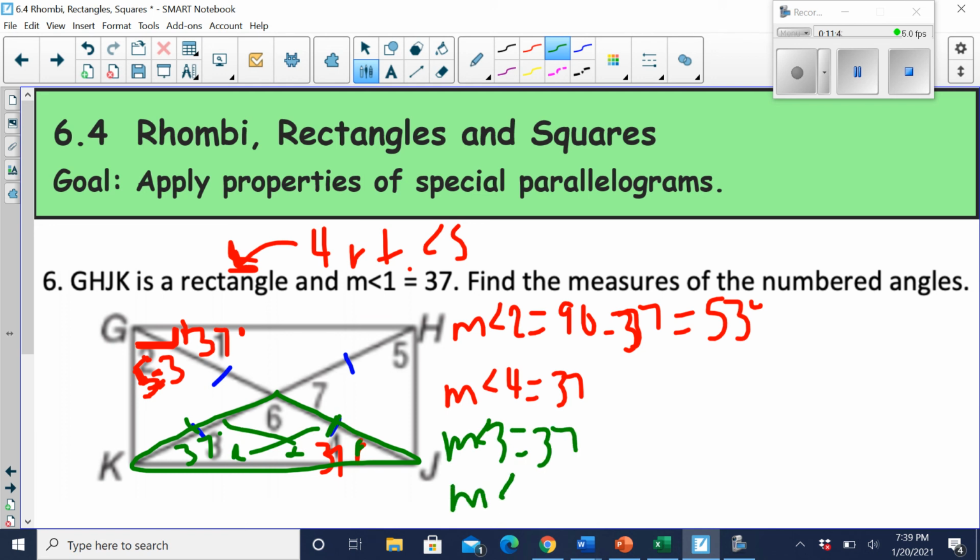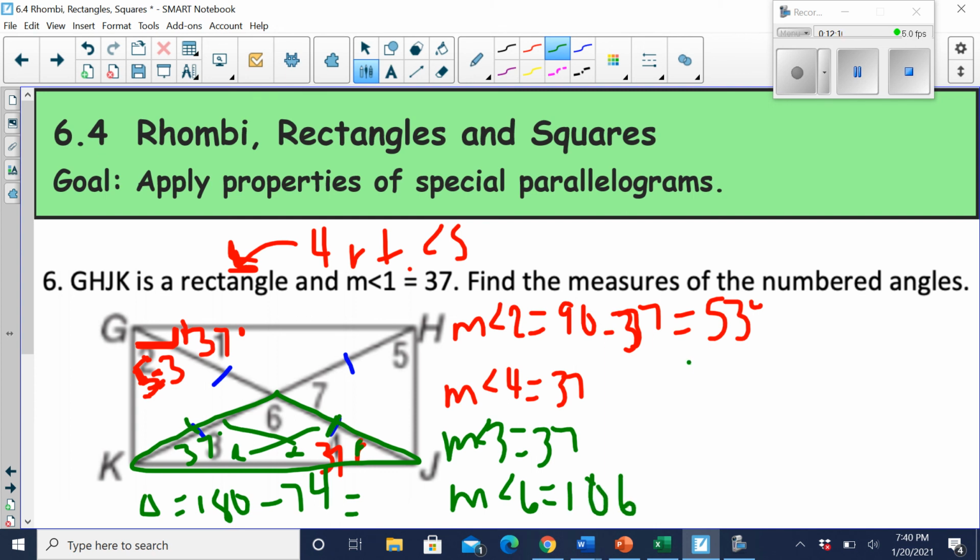I can then get to the measure of angle 6 using the idea of a triangle. Well, a triangle has to equal 180. In that triangle, I have the 37 and the 37. So if I add those two angles together, it's going to give me 74 degrees. If I subtract 74 from 180, I'm going to be left with 106 degrees for the measure of angle 6.